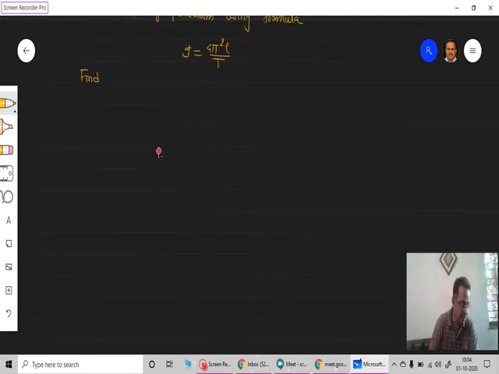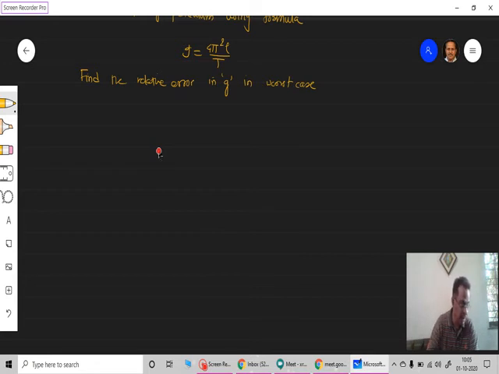Now find the relative error in g, in worst case.